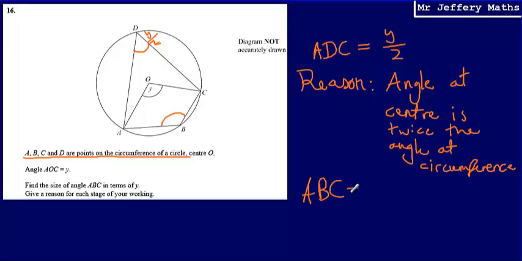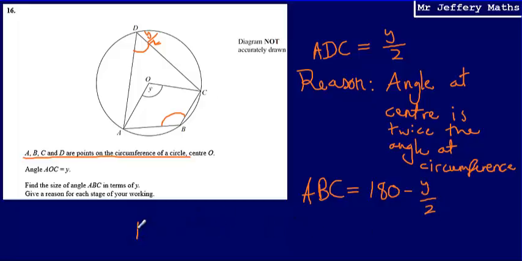What we said at the beginning is that on a cyclic quadrilateral, which we've got here, the opposite angles add up to 180 degrees. So this angle ABC is simply going to be 180 degrees minus the opposite angle, because the two angles ADC and ABC have to add to 180. So that means that this angle ABC will be 180 minus the opposite angle.